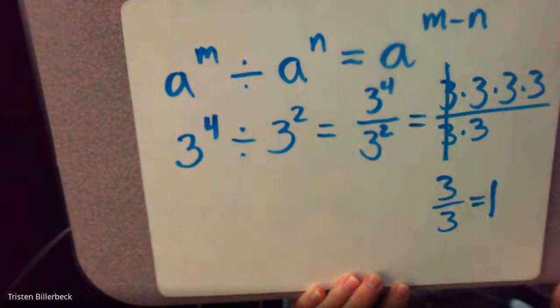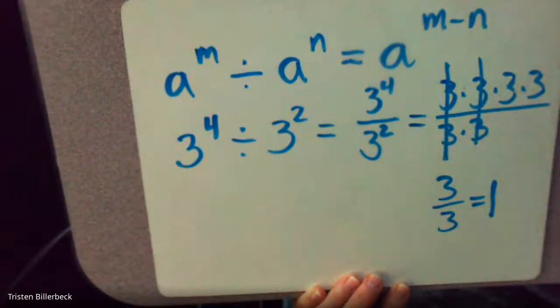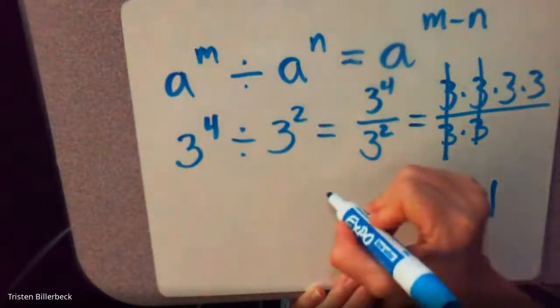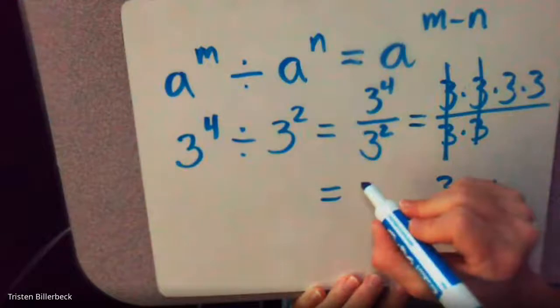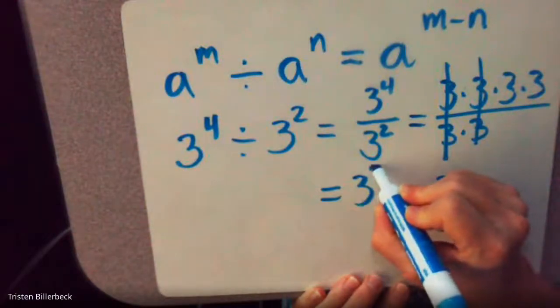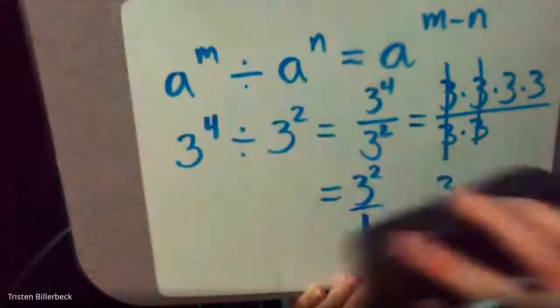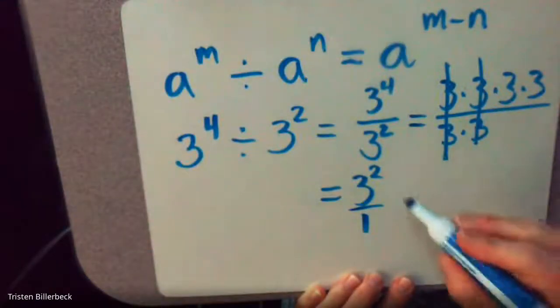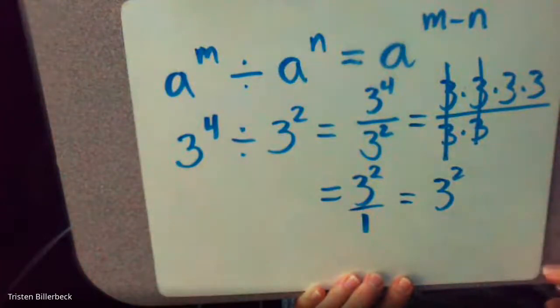There is one 3 and 3, and we can cancel this one out. Then there are only two 3s left after all that cancellation. So it's only 3 squared. Well, it's 3 squared over 1, but you know 3 squared over 1 is just 3 squared.